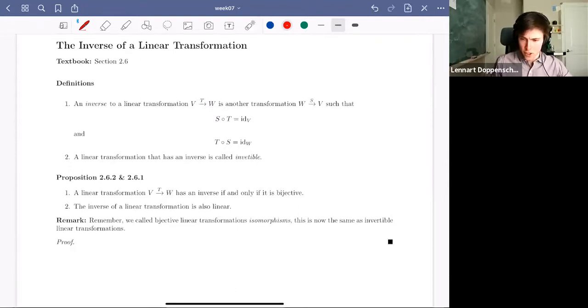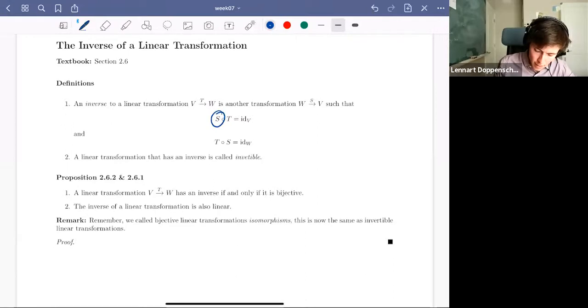And since we have had composition, now we may ask a very special question. Is it possible to compose a transformation with another transformation so that it reverses whatever the transformation did? And this is just specified by an inverse.